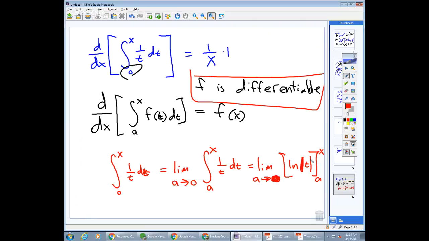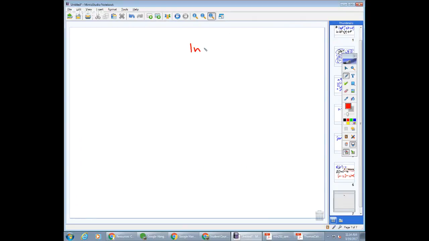Nope. So here's the way to think about it. The natural log of 0 is equal to what? Means e to what power is equal to 0? Not 1. You say it's not 0, so. Not 0. Well, yeah, there's no, this is impossible.